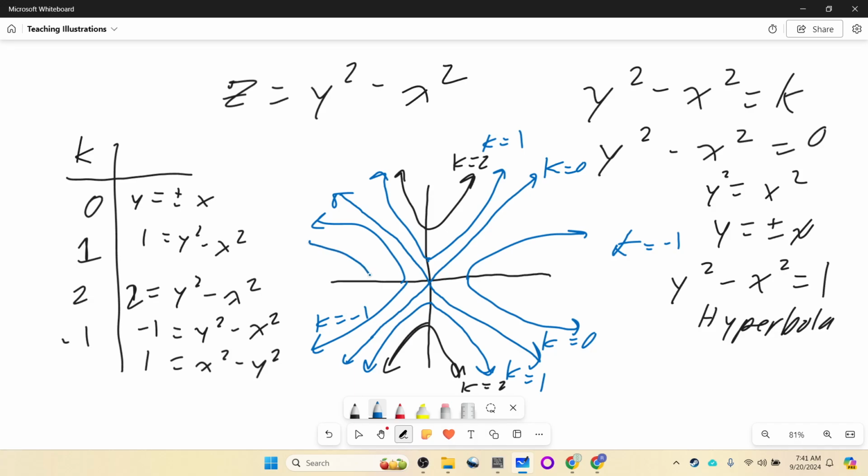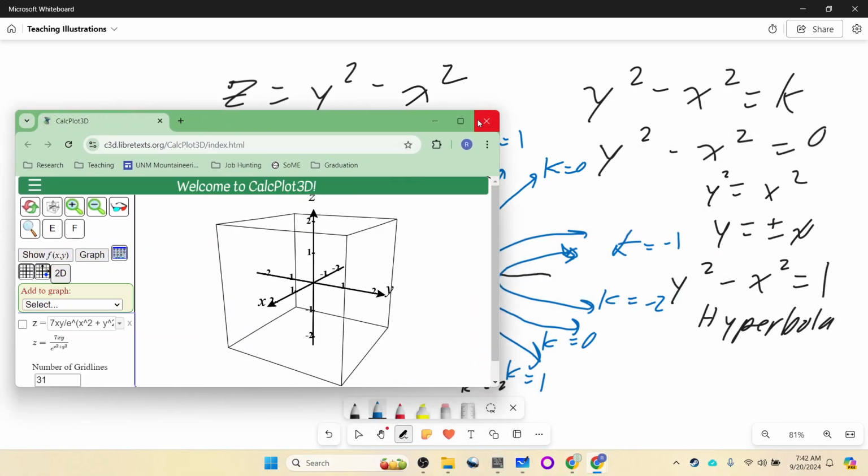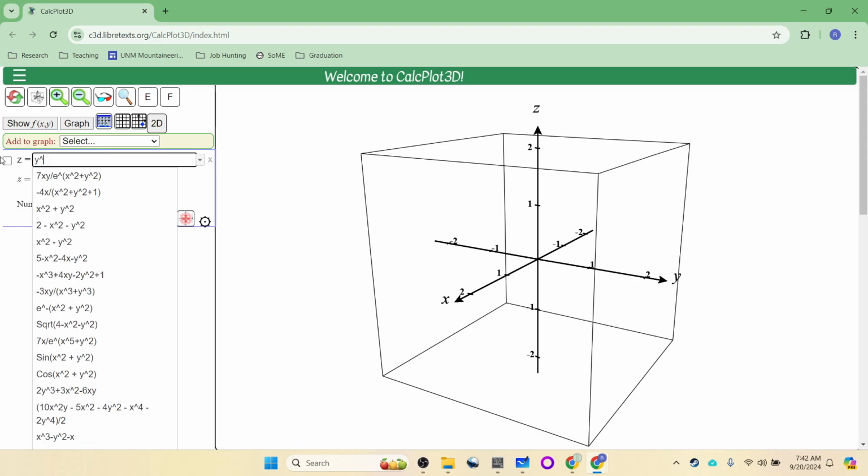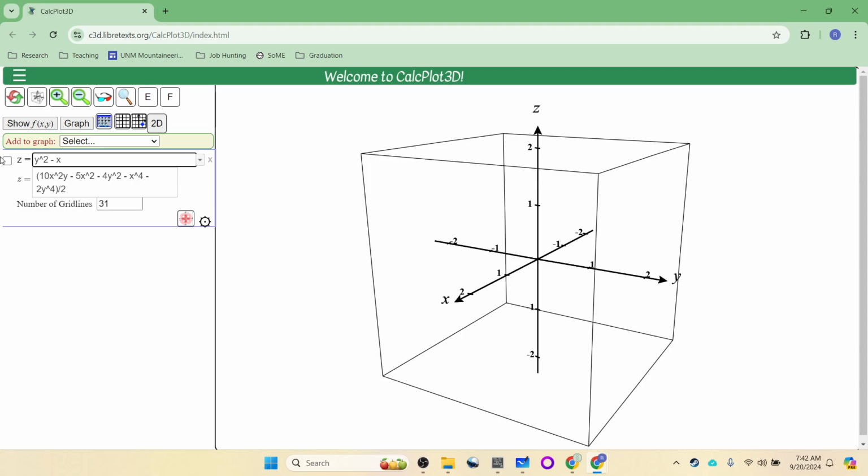And then k equals negative 2 would be like that. So what we're seeing is, as we go left and right, our surface will go downward, but as we go up and down, it'll go upward. Let's see what that looks like. Let's look at our graph here. Hopefully you're all seeing this. Z equals y squared minus x squared.